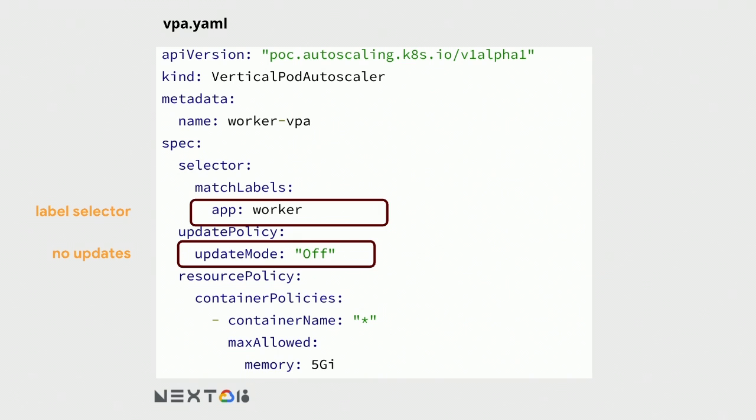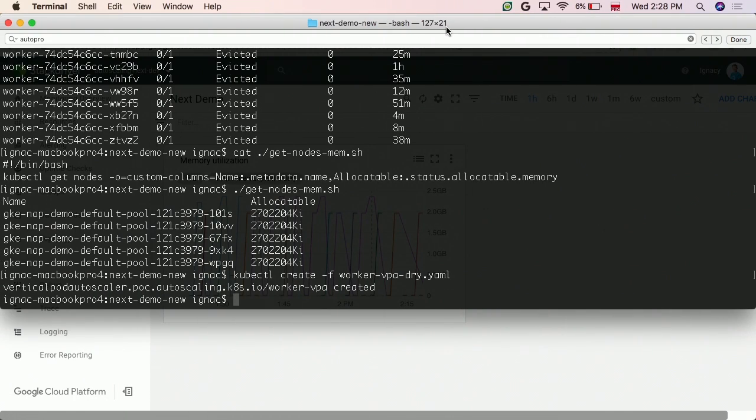The reason is that currently in Kubernetes there is no capability of adjusting the resource requests and limits for running pods. So you basically have to kill them and let them be rescheduled again by the scheduler with the new requests. All right, so in the meantime, let's see if our VPA has generated any good recommendations for us.